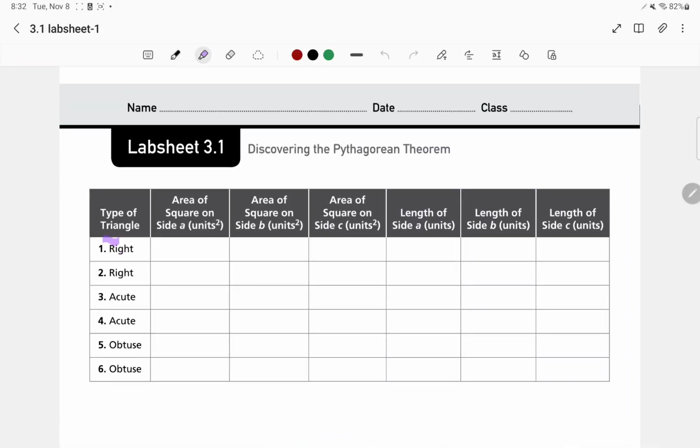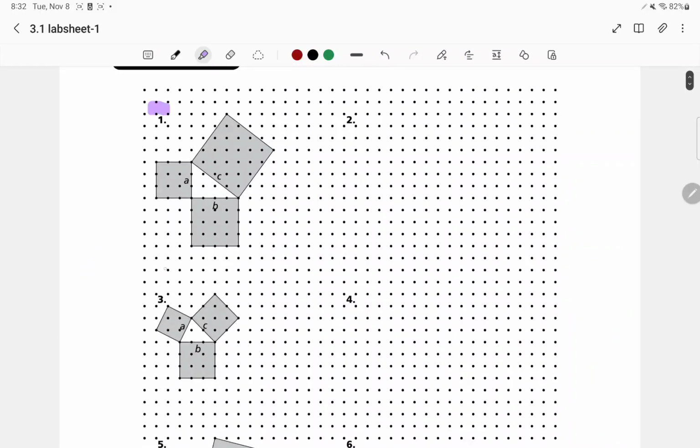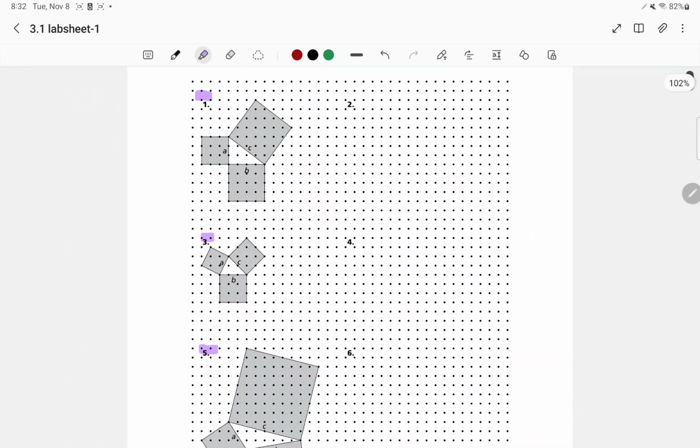So you are doing 1, 3, and 5, and then you're creating other ones. So just make another right triangle, make another acute triangle, and make another obtuse triangle on the 2, 4, and 6 sides. One that's different than what's there.